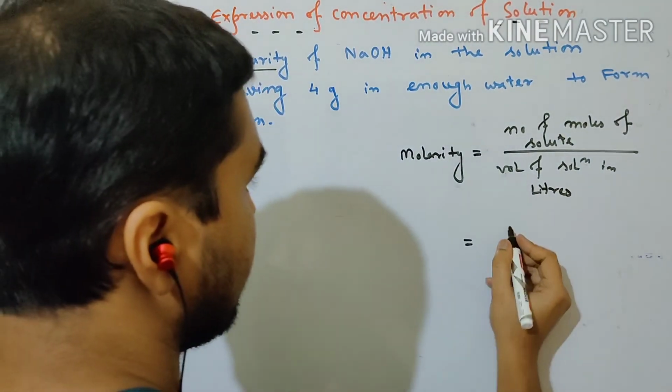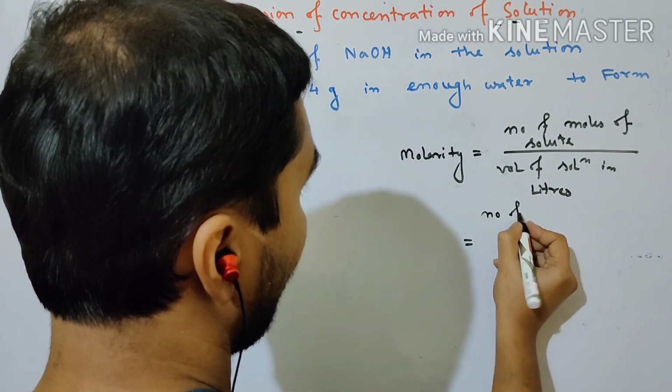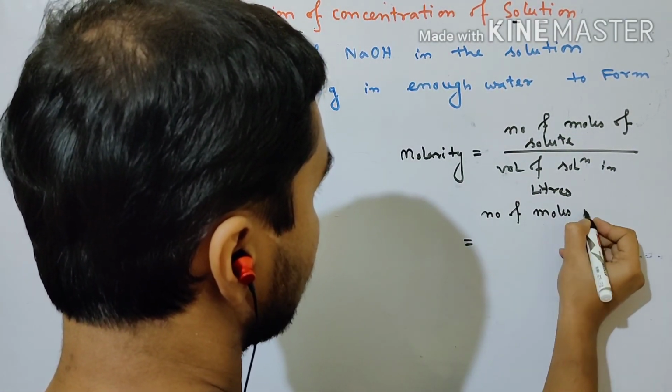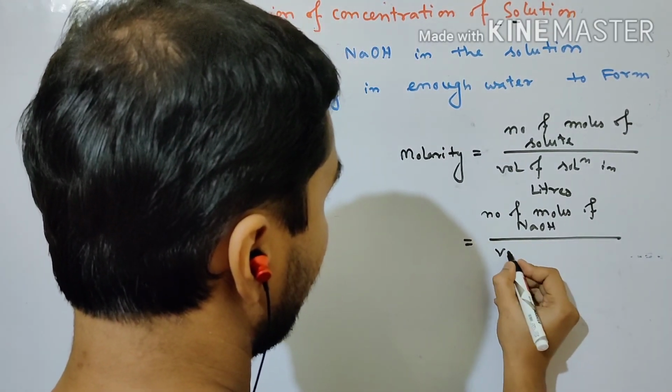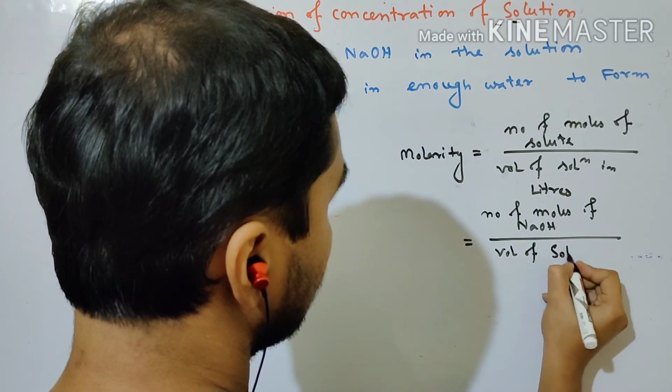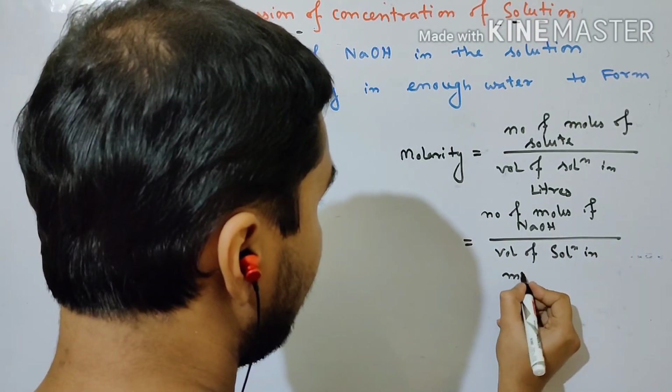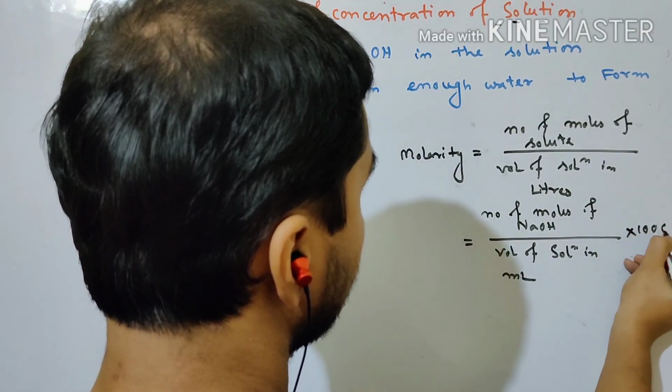Further, we can write it as number of moles of NaOH divided by volume of solution in milliliter multiplied by 1000.